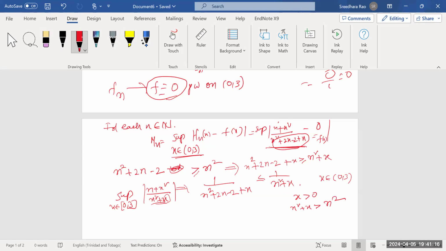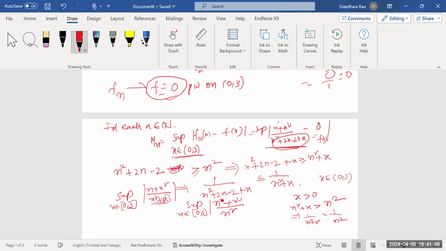This implies 1 over n square plus x is less than 1 over n square. Again, I need to reduce this by the supremum of x belongs to 0 comma 3 of modulus of n plus x square over n square.